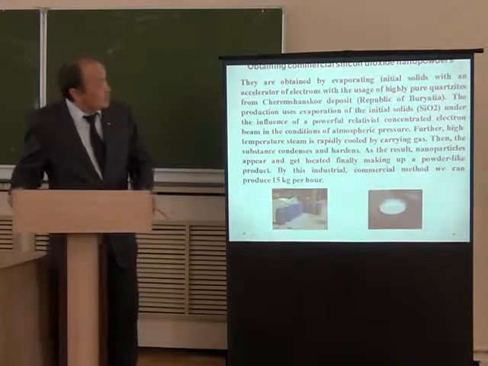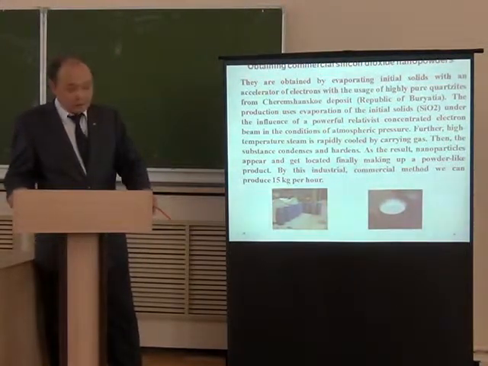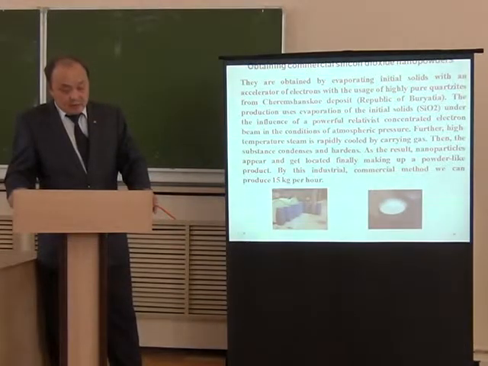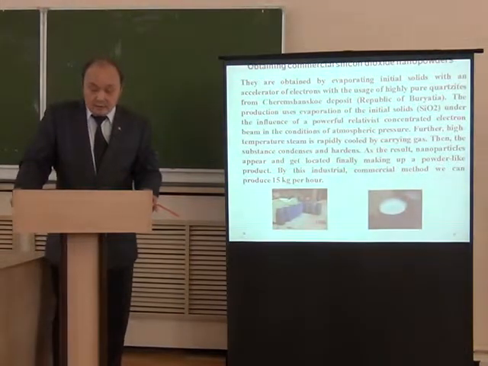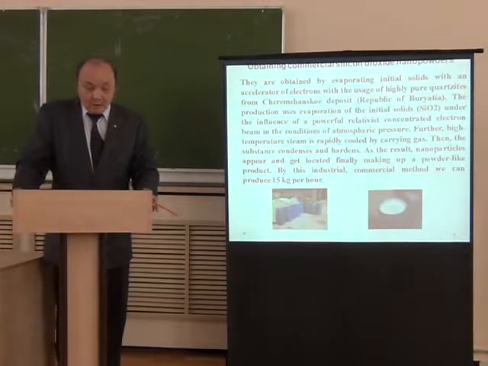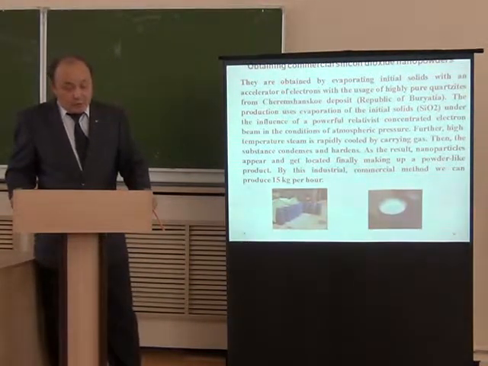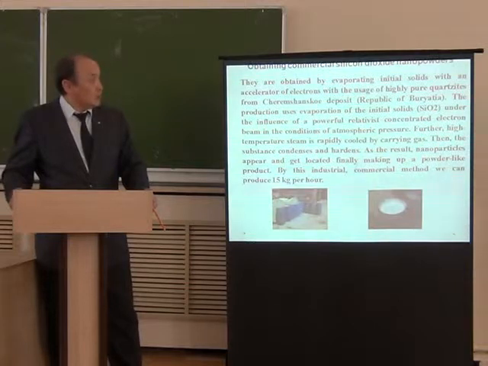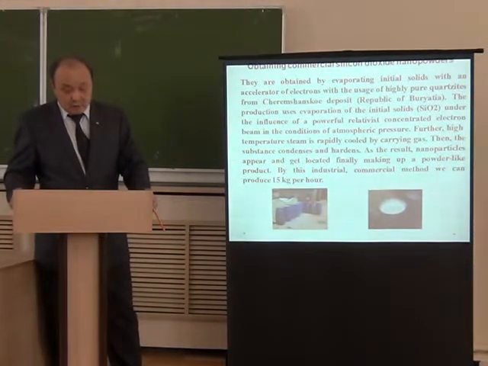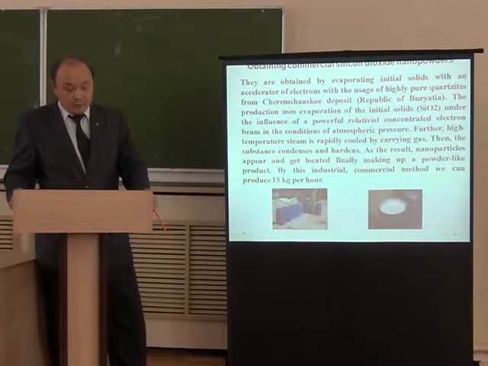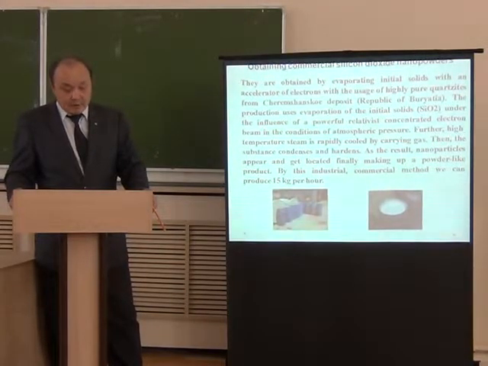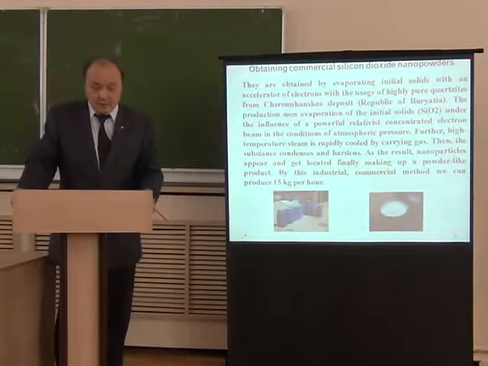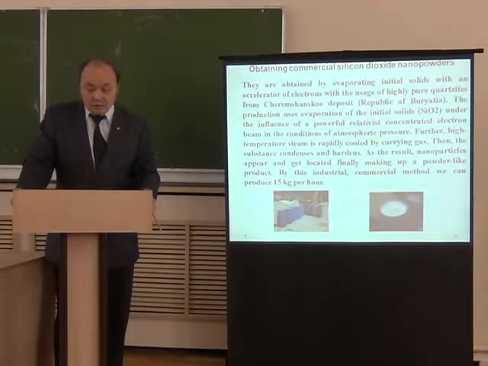Obtaining commercial silicon dioxide nanopowders. They are obtained by evaporation of initial solids with an electron accelerator, using highly pure quartzites from the Cheremshanskaya deposit in the Republic of Buryatia. The production uses evaporation of the initial solids under the influence of a powerful relativistic concentrated electron beam at atmospheric pressure.